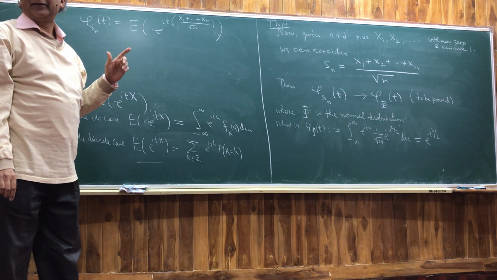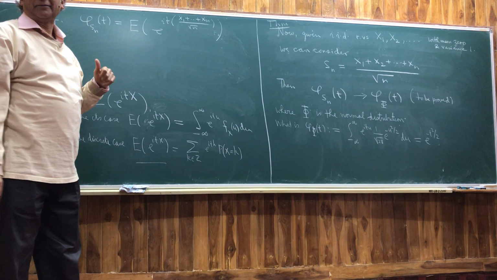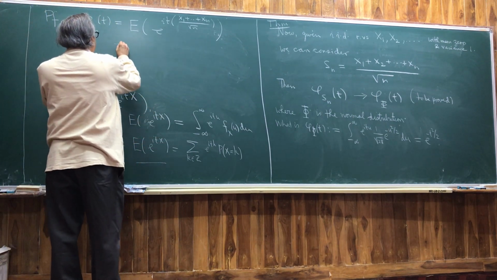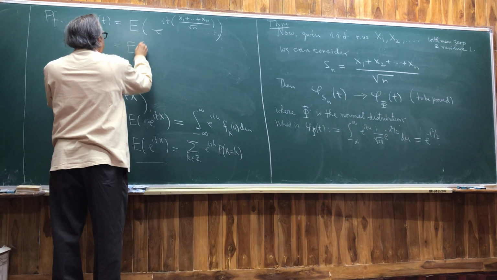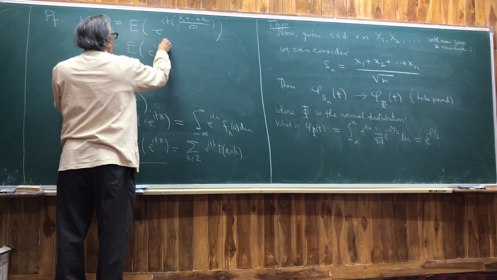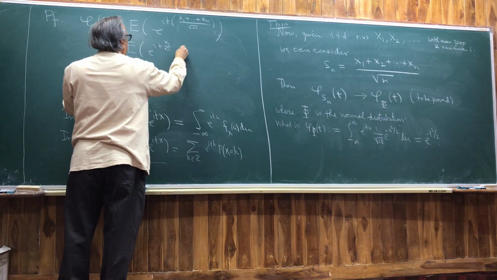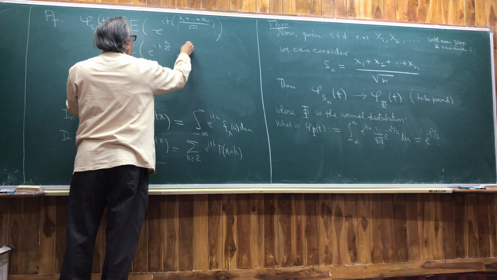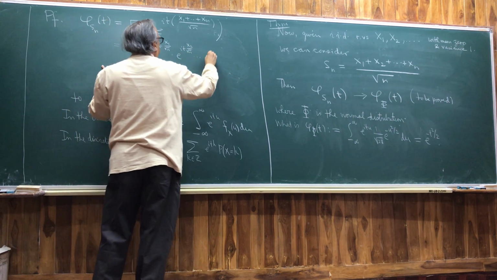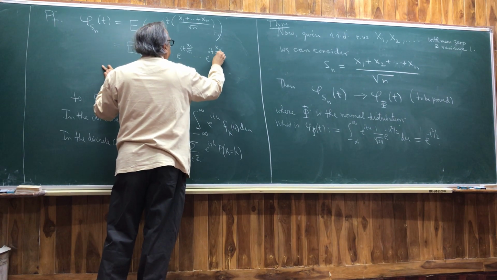There are some advantages with blackboard lectures versus the PowerPoint, because you have to type these things. So, as you can see, this is E of e to the i t x1 over root n, times E of e to the i t x2 over root n, and so on up to E of e to the i t xn over root n.